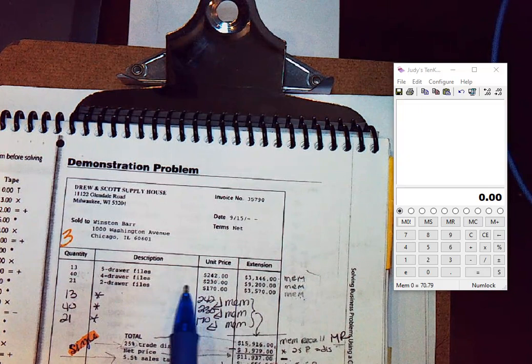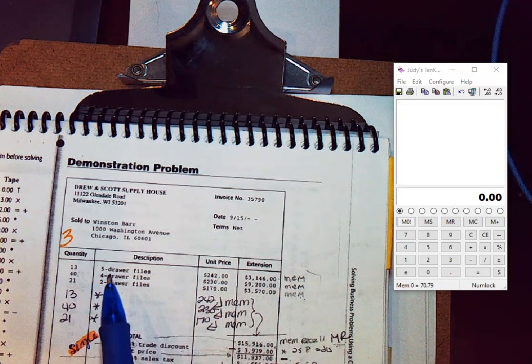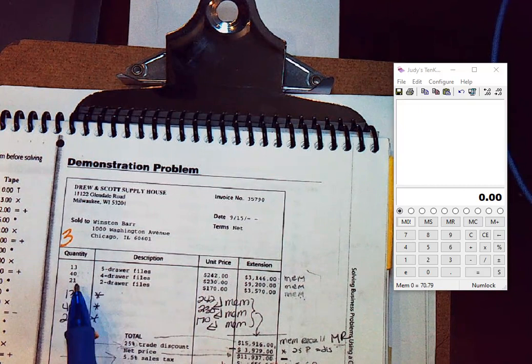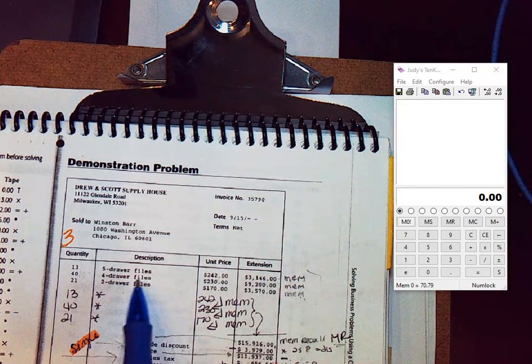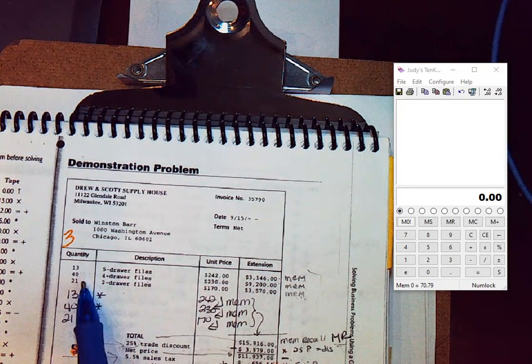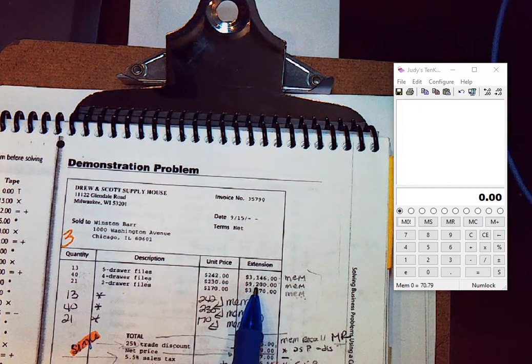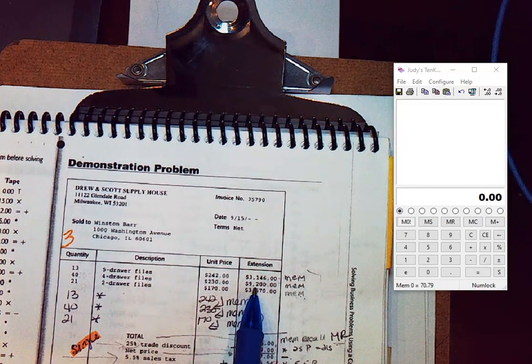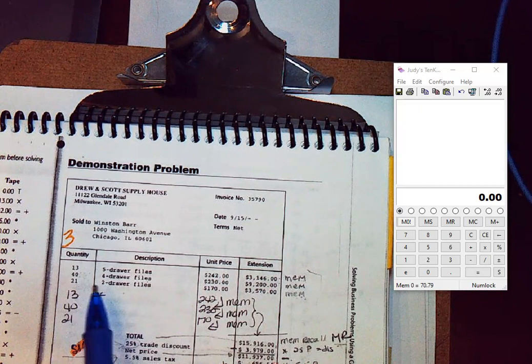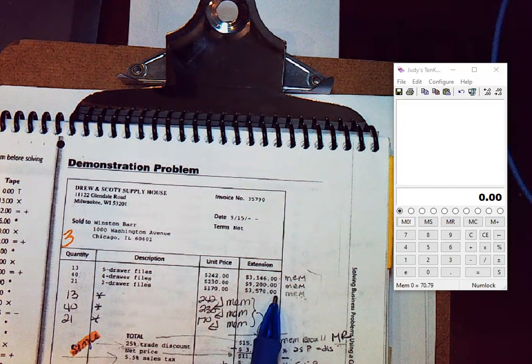So remember to estimate, say 10 times 250. 40 4-drawer files at 230 each, so 40 times 230 equals 9,200. You would put that into memory. So for each one, quantity times price, you would put into memory.